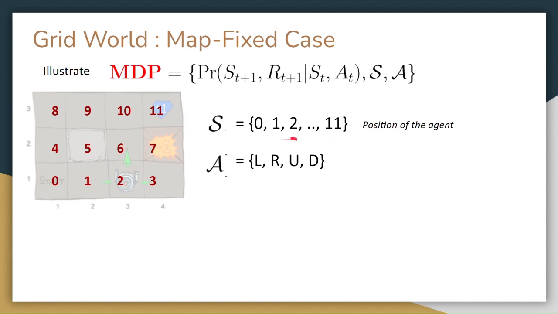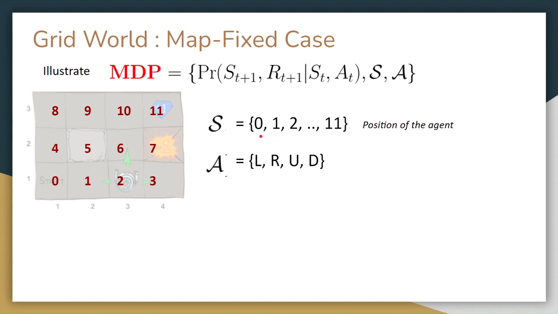Is it clear? If the environment tells you now you are in state 2, you understand that the agent is here. If it says now you are in state 9, it means the agent is here. The map is the same, so you understand everything. That's why the state is complete. This definition makes sense. If you know the state, you know everything about the game.